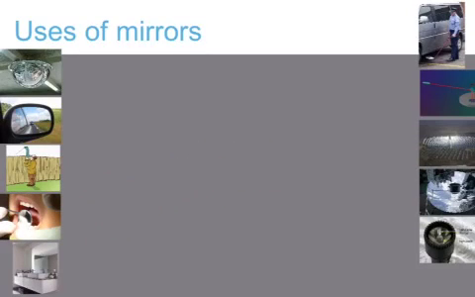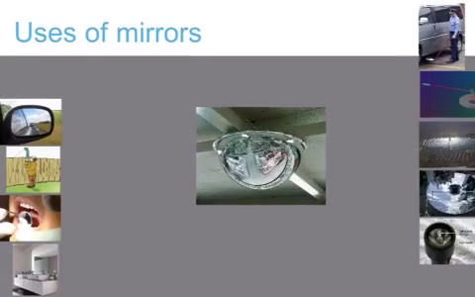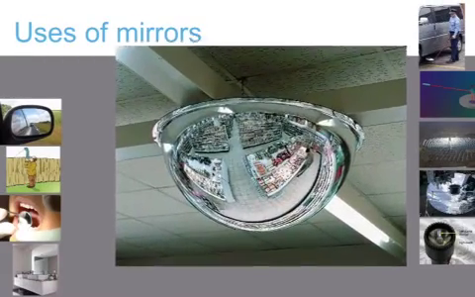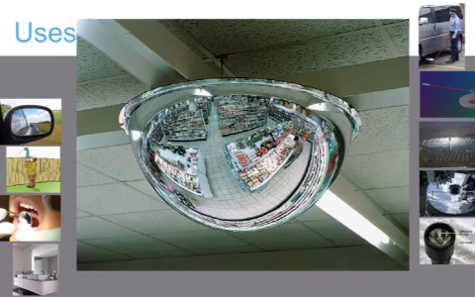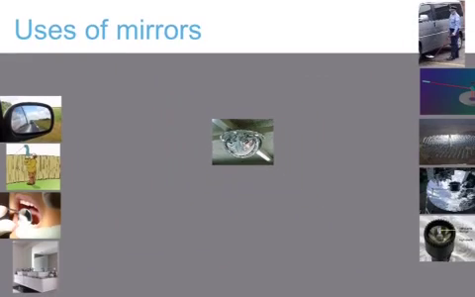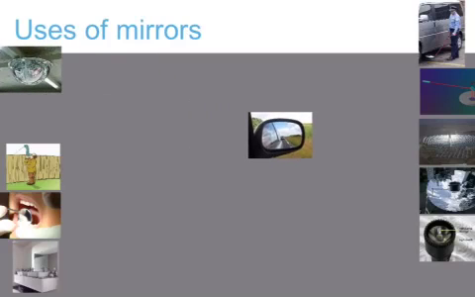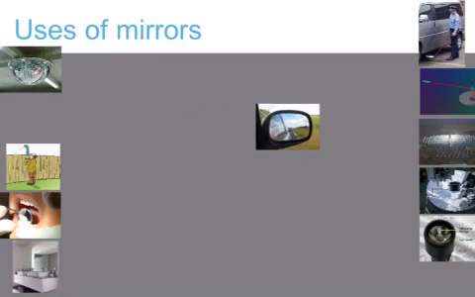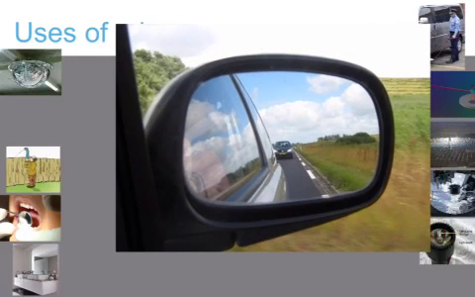Or if you go to shops, you might notice that some shops have a mirror placed on the ceiling, which allows the shopkeeper to look at the whole shop. Or if you're in a vehicle, you'll notice that cars and other vehicles have the side mirror as well as the rear mirror to observe cars moving from the side or the back.